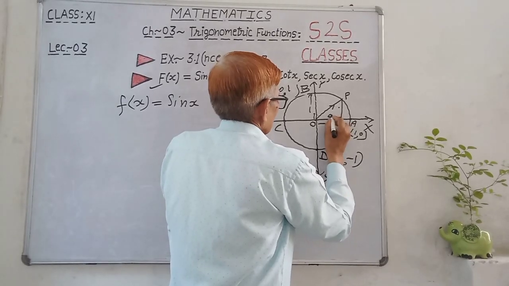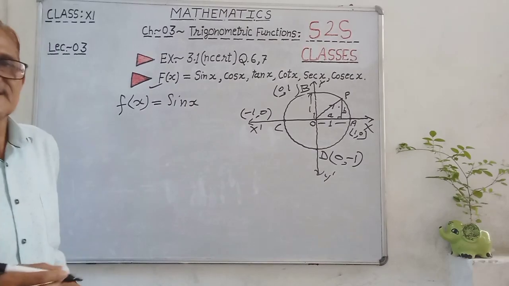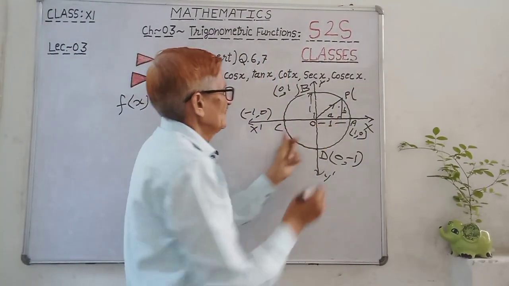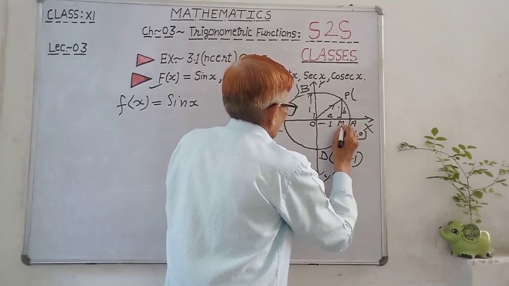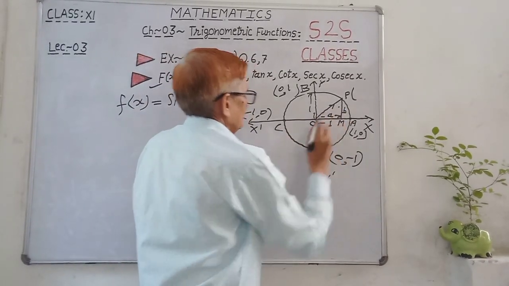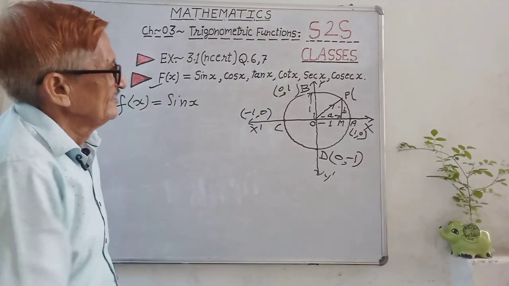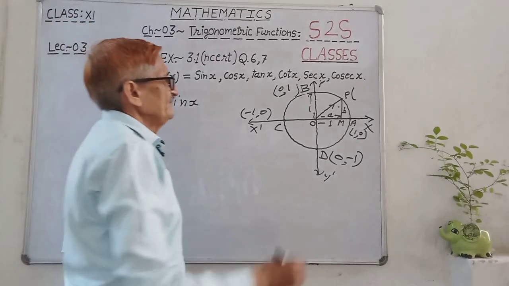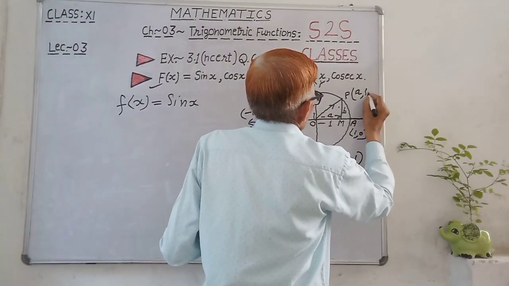Let this foot of the perpendicular be M, and OM is A. The x coordinate is A and the y coordinate is B, any real numbers. So now we can say the coordinate is A, comma B.